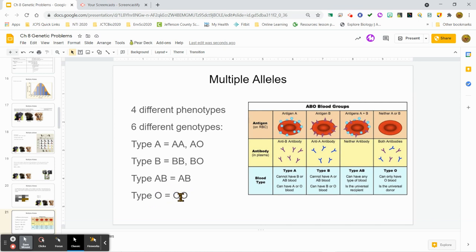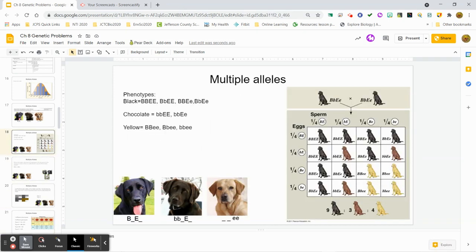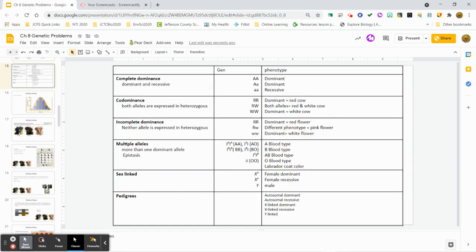And type O is OO. And if you look at this up here, a lot of times they will put them with I's, but generally we drop the I's and just use A, B, and O. So A and B are codominant, but O, which is actually little i, is recessive.